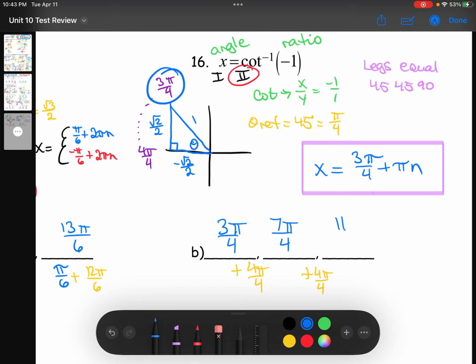And that last solution is 11 pi over 4. Now, this 7 pi over 4 solution is in quadrant 4. Same triangle in quadrant 4. Because they are pi radians or 180 degrees apart, it only has one solution.